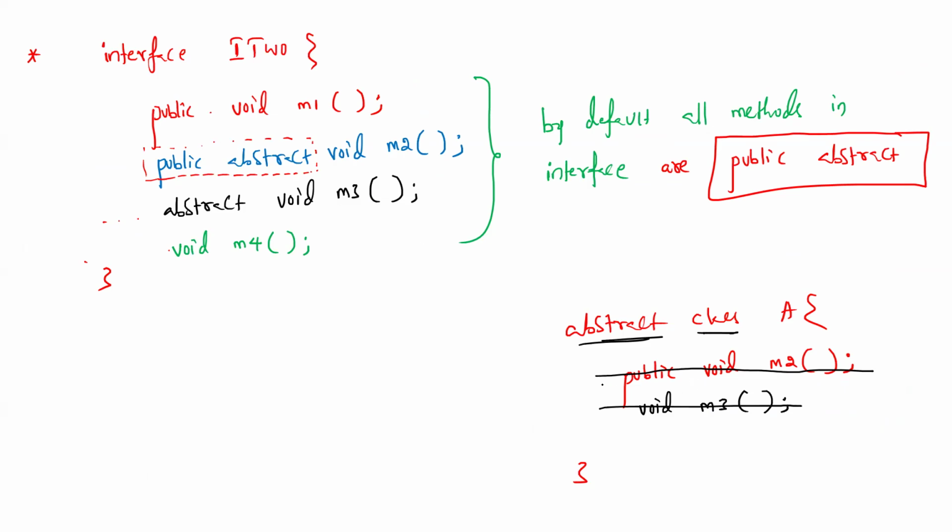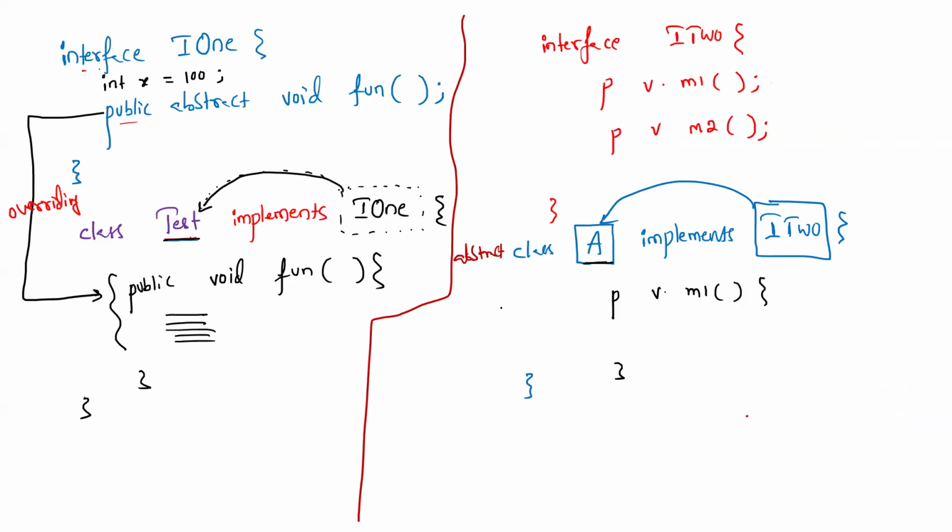So the next point is, if an interface has any abstract method, then the entity which will implement the body for that abstract method is a class.